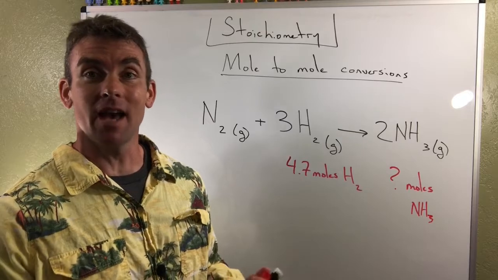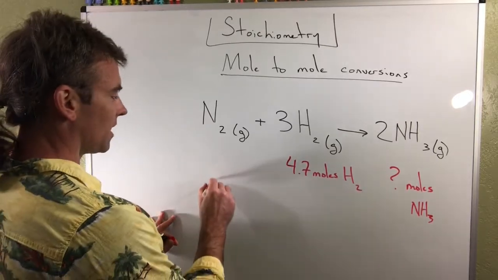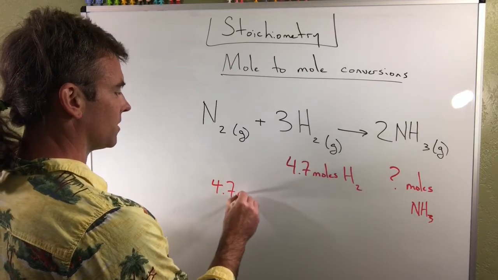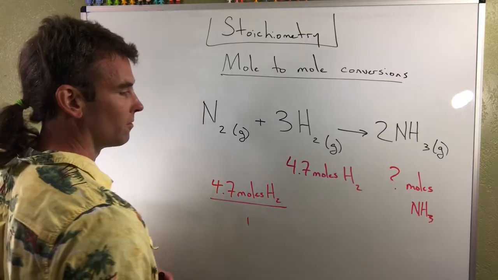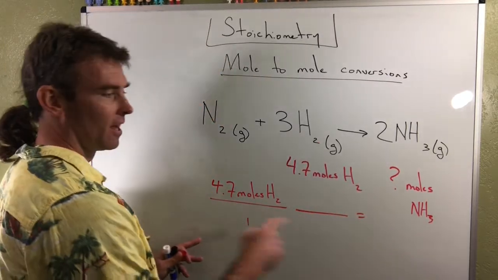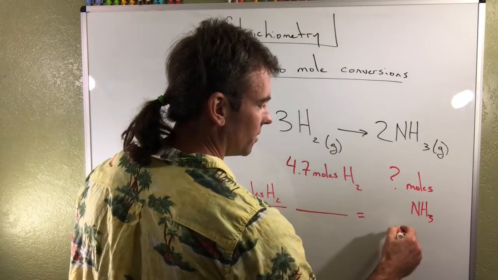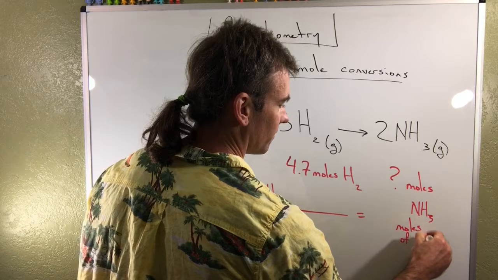It's just now we have a different ending value. So we're still going to say, well, that means I've got 4.7 moles of H2 all over 1. I have a conversion factor. I know what I want to convert to, which is this moles of NH3.